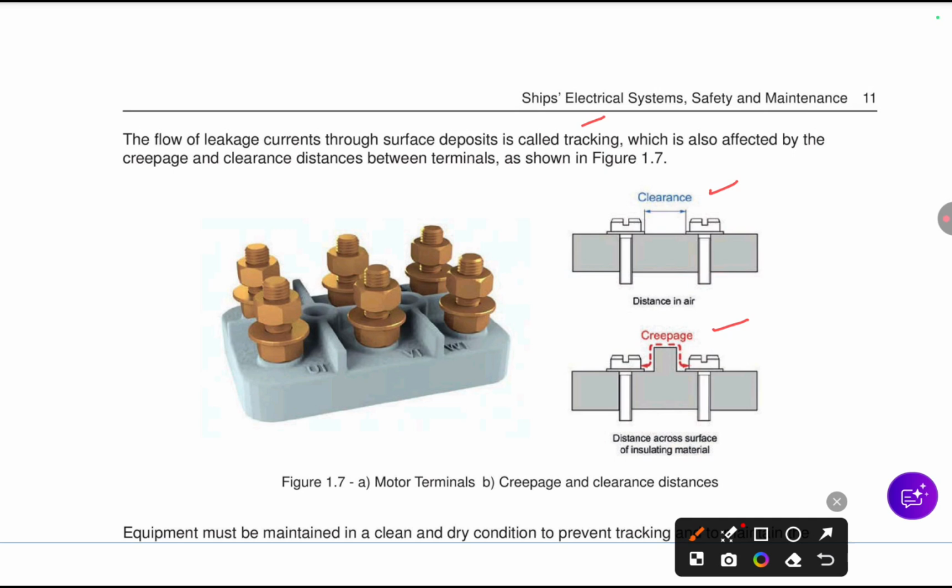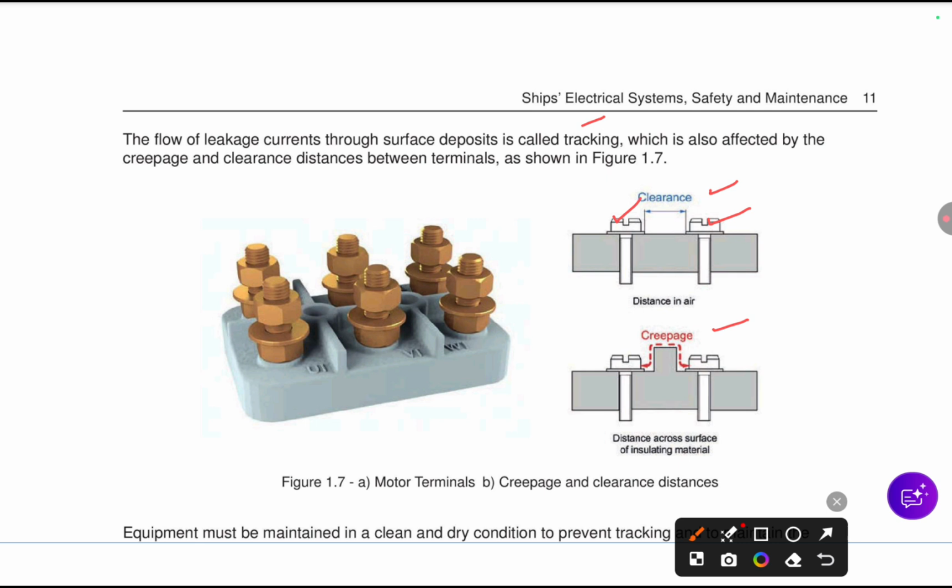Tracking, if we study from here, it is written: the flow of leakage currents through the surface deposit is called tracking. Let's say we have two conductors, conductor 1 and conductor 2, through which the current is passing.